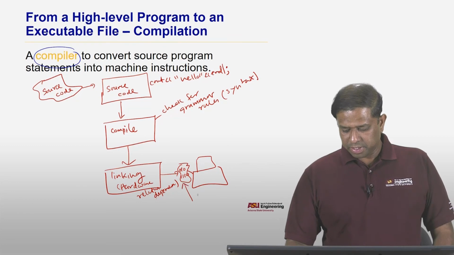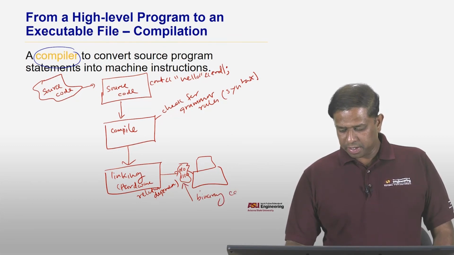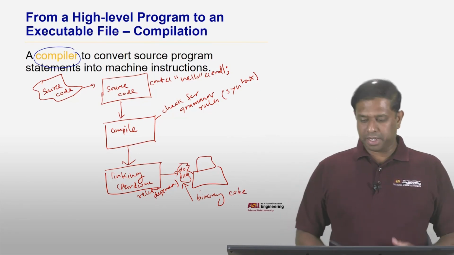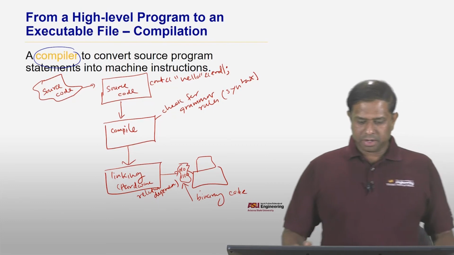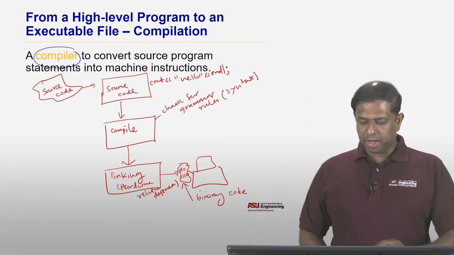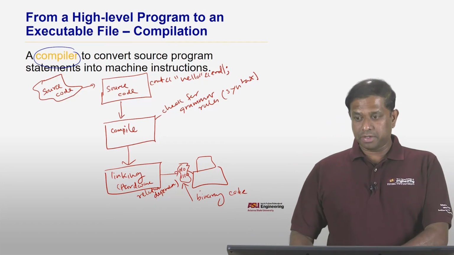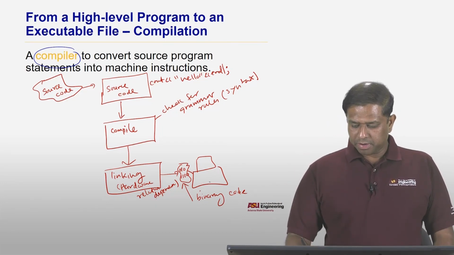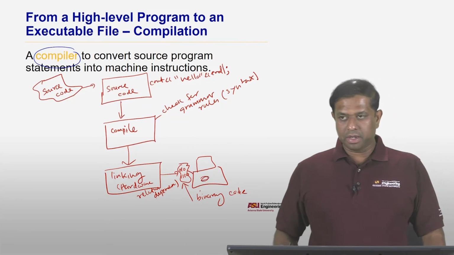This is called the binary code, right? So binary code can be executed. That's the compilation process: we take the source code, compile it, link it, and it produces a binary code. That's the executable code that can be executed on computer hardware like this.